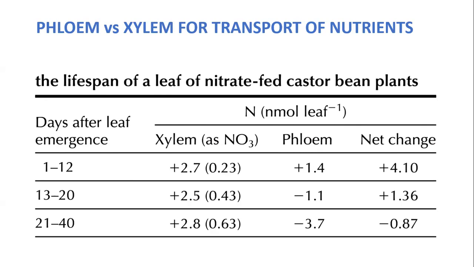The remobilization can also be mentioned as the mobility in the phloem, because the phloem is responsible for remobility of ions. And you can see that the most affected is the mobility of ions in the phloem as we change the age of the plant.